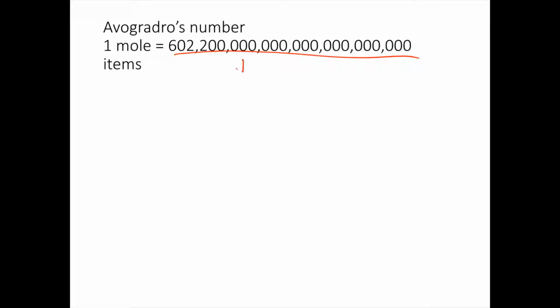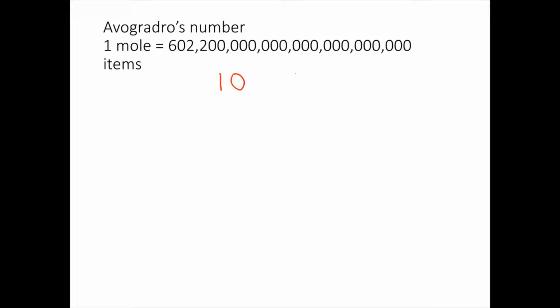Now, there's an easier way to express this number using scientific notation. What is scientific notation? Well, I would boil this down to a number between 1 and 10. Actually, let me give you an example of scientific notation. Let's start with the number 10.